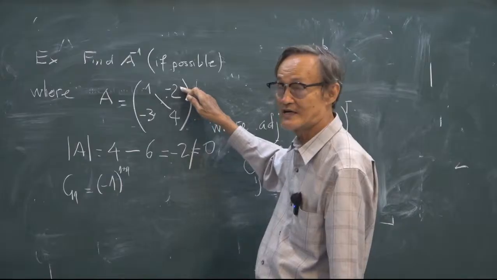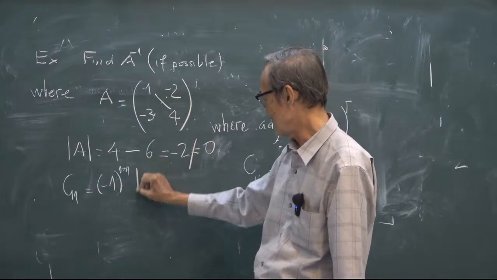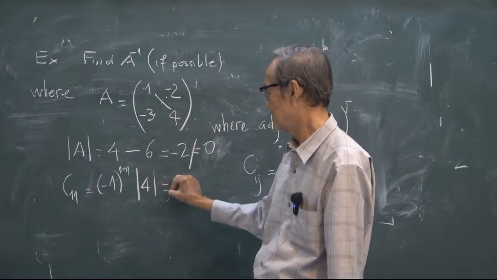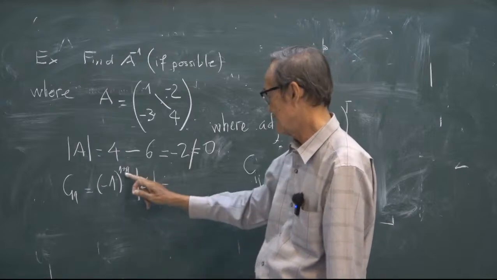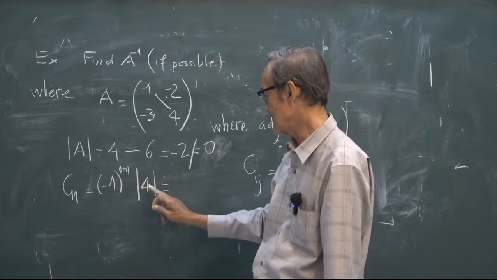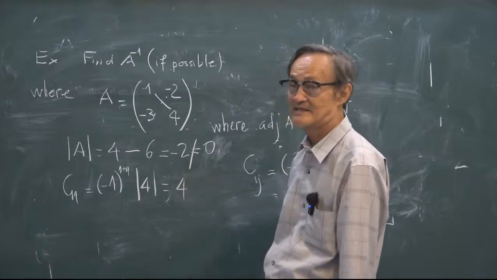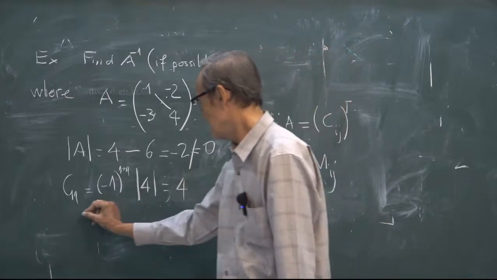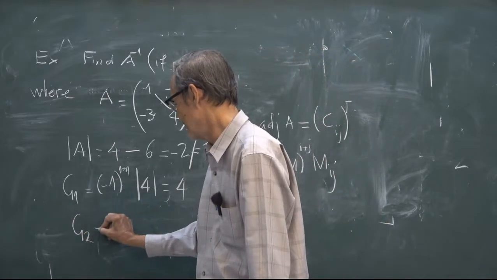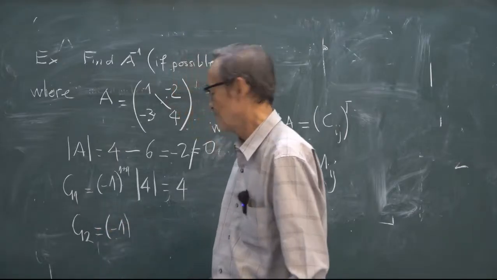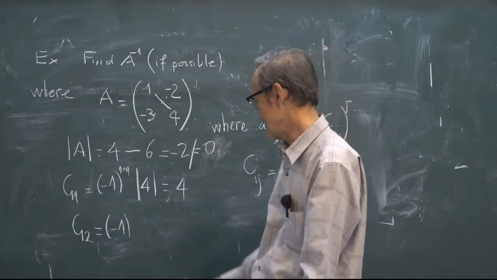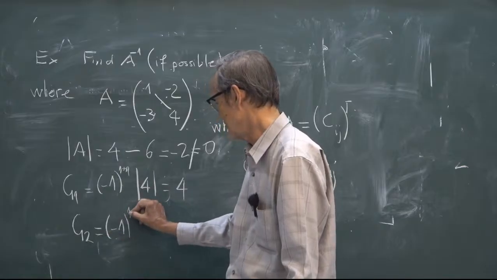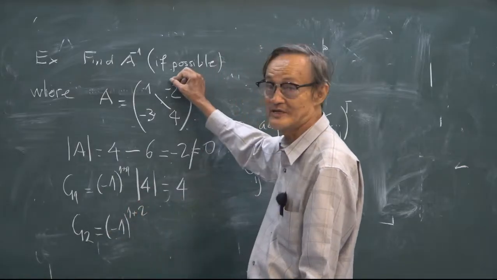Delete first row, first column, we have 4. C12: minus sign to the power 1 plus 2.